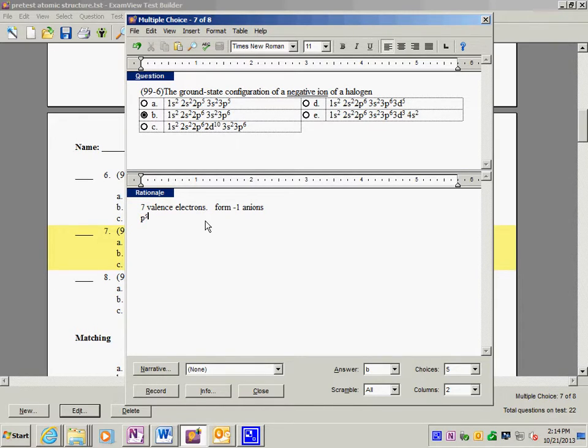But in this case, because it has gained an electron, it's going to be ending in p6. And that means the only one we have here is this one right here, 3p6, which actually would be of argon. Well, it'd be chlorine, gained an electron. Now it's like argon, so it would be chlorine, chloride.